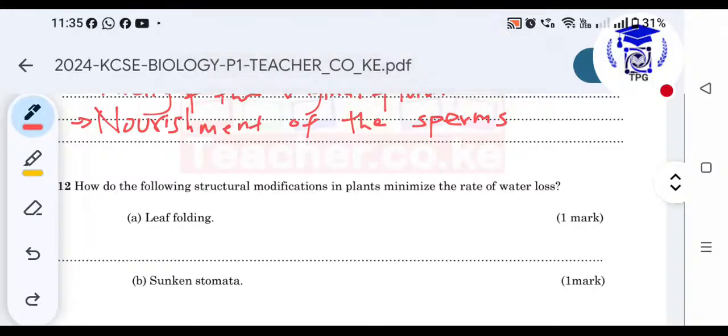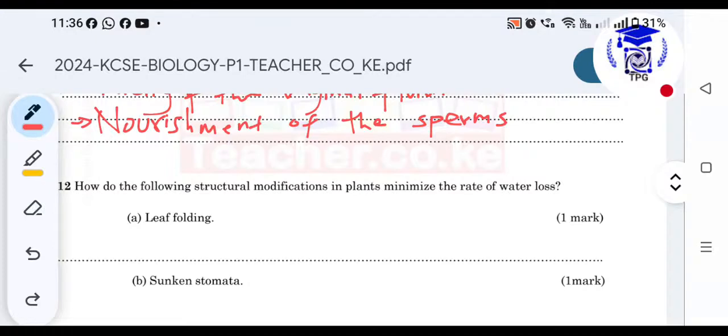The next question reads, how do the following structural modifications in plants minimize the rate of water loss? Number one, leaf folding.